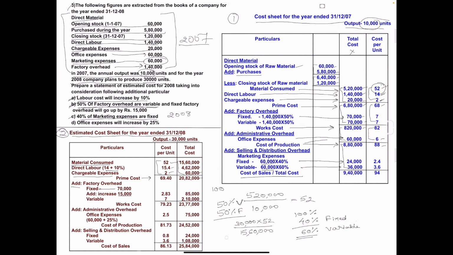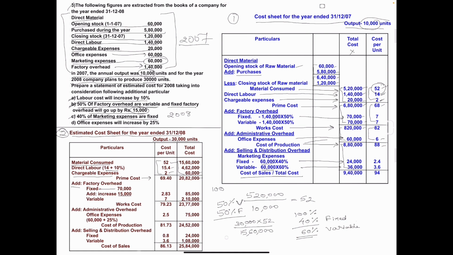Read point B in the problem. And see this part: fixed factory overhead will go up by 15,000. So in 2008, the fixed factory overhead will increase by rupees 15,000.